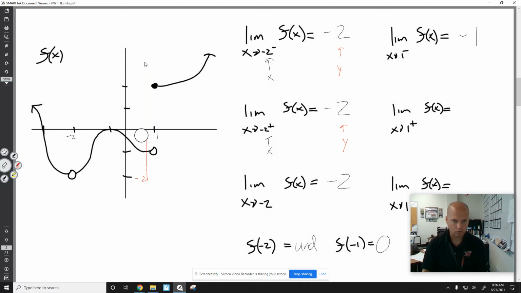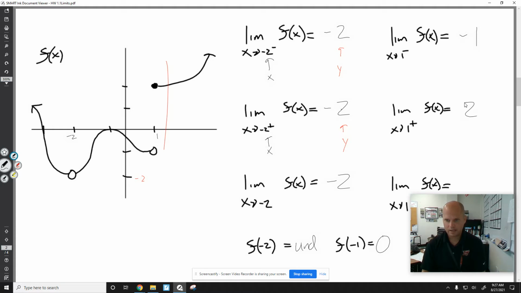If I am to go to the right of 1, I can see I'm up here now, right above or right below this x-coordinate to the right of 1. We're using these function values. If I move this line closer and closer and closer to 1, my function values are getting closer and closer to this closed circle's location, which is at 2.